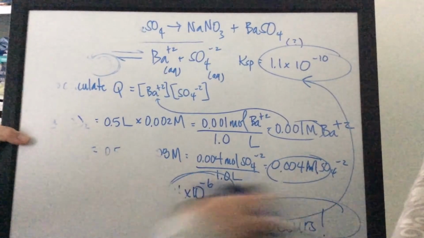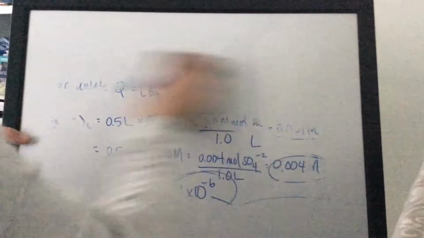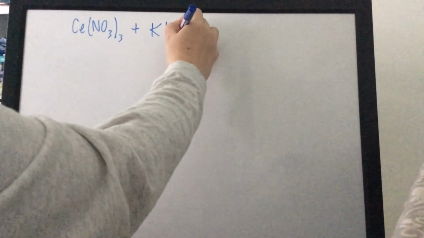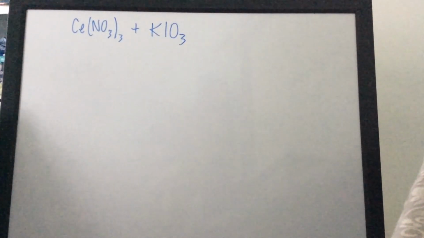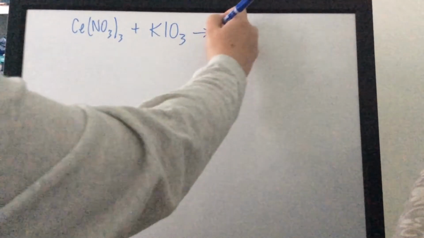Okay, there is a second one. I'll do the second one because I think it's worthwhile to have another example. Okay, so in this case we have an element we don't see very often, and potassium iodate, and we're looking at which is the slightly soluble salt.